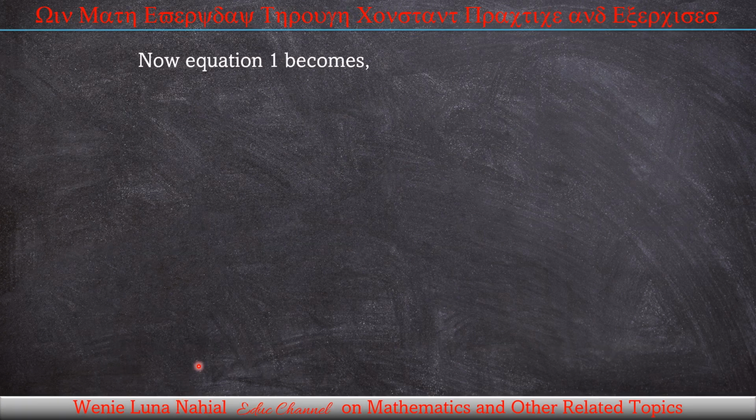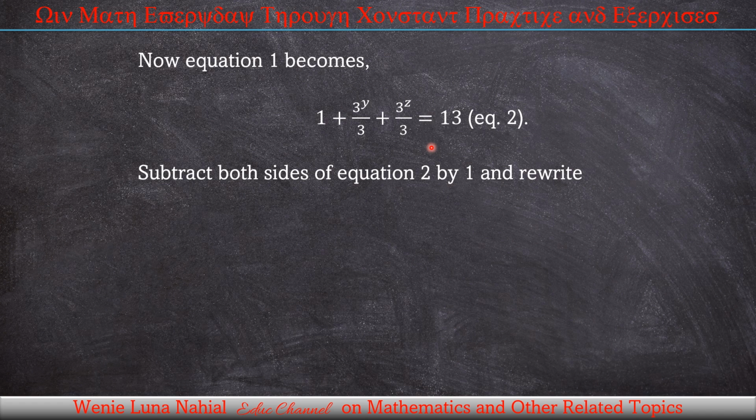Now, equation 1 becomes 1 plus 3 raised to y over 3 plus 3 raised to z over 3 equals 13. Why 3? Because we just found that x is equal to 1, so this is 3 understood to have a power of 1. Now, in this equation 2, we have to subtract both sides by 1.